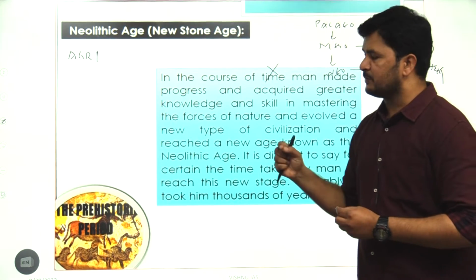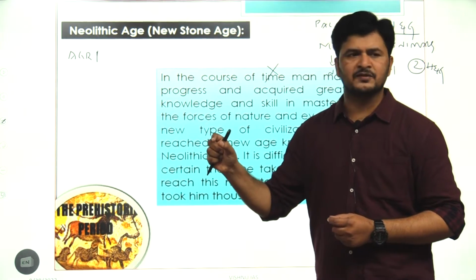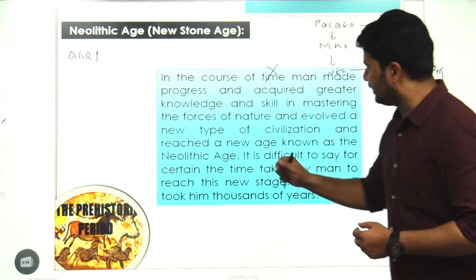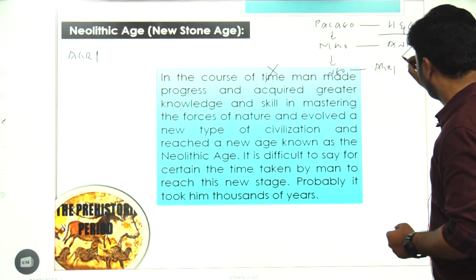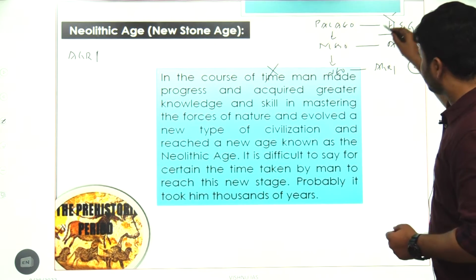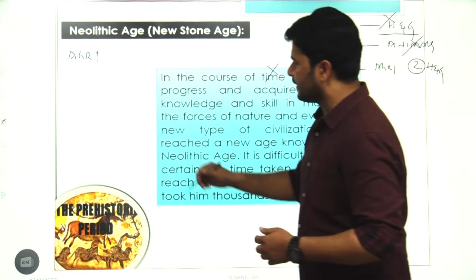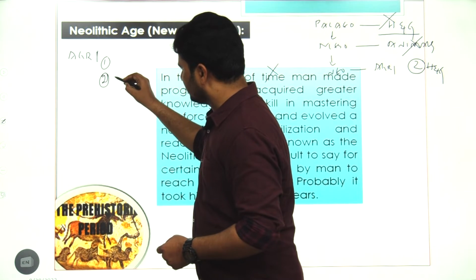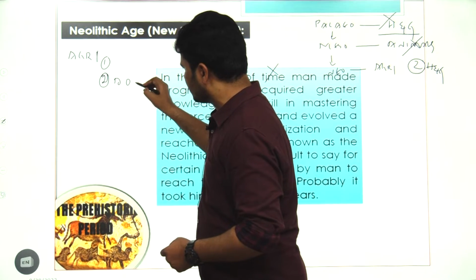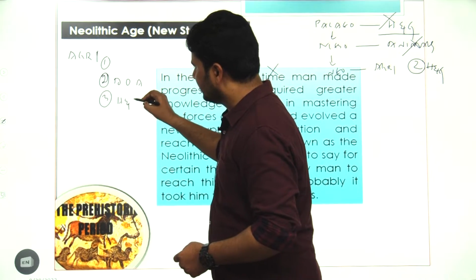So when I say Neolithic people cultivated wild variety of crops, it does not mean they abandoned domestication of animals, they abandoned hunting and gathering. You understand, in this way, agriculture was given first priority, followed by domestication of animals, followed by hunting and gathering.